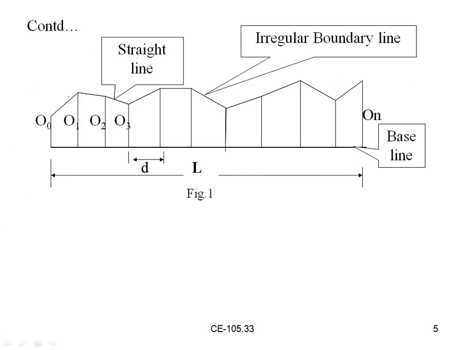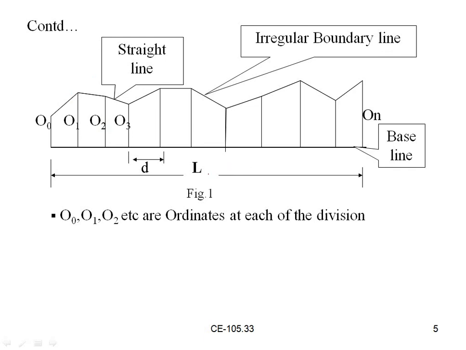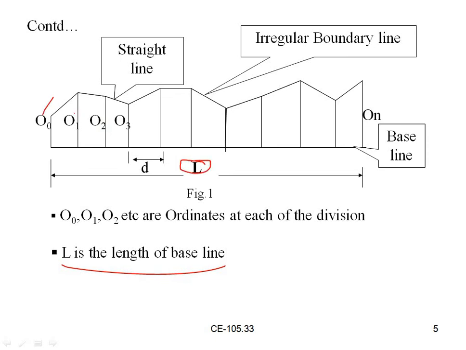So here you can see the length L is the length of the baseline, and O0, O1, O2, O3, up to On are the ordinates.